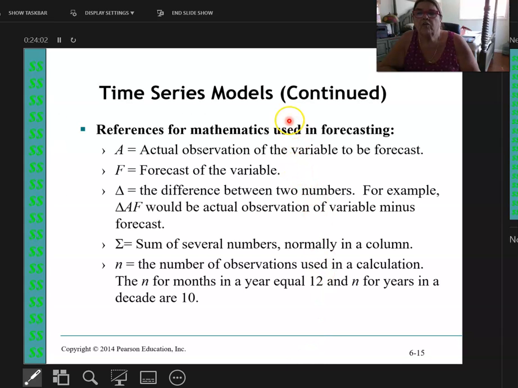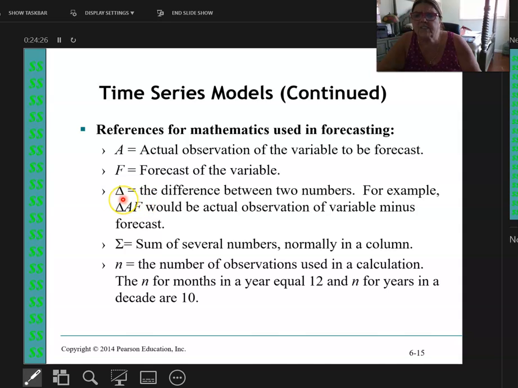Okay, so here's what we need to know when we're doing math. These are variables, these are signs that we need for math in forecasting. A is my actual observation of the variable to be forecast. Usually the variable to be forecast is the quantity I need to make, the number of services I need to provide. F equals the forecast of the variable.